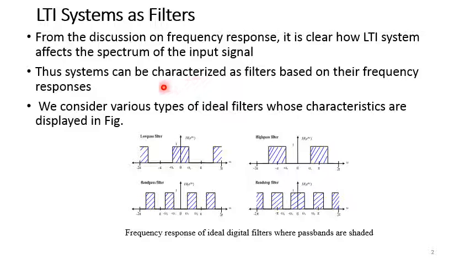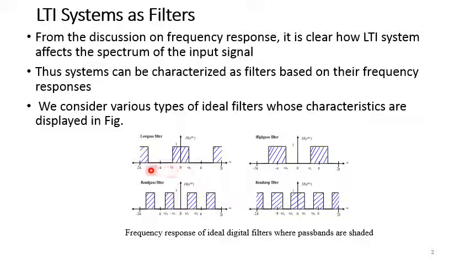Thus, systems can be characterized as filters based on their frequency response. If the system passes all the low frequencies, that is from 0 up to omega c, where omega c is the cutoff frequency, such a filter is called a low pass filter.